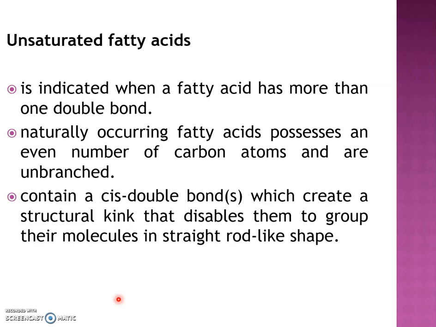The examples for this type of fatty acids are oleic acid, linolenic acid, and also the essential omega-3 and omega-6 fatty acids belong to this unsaturated fatty acid. This unsaturated fatty acid can exist as trans fat. This trans fat has a biological relevance.